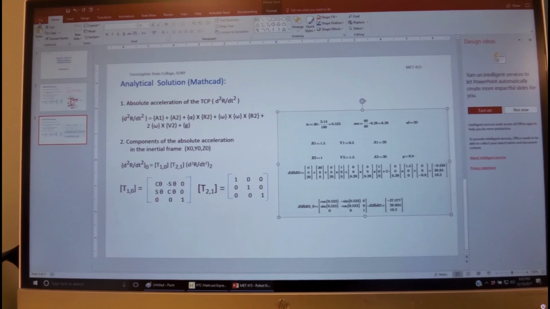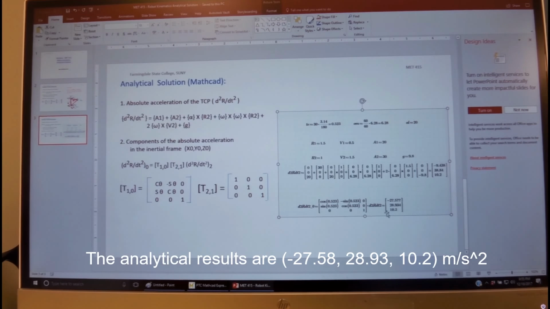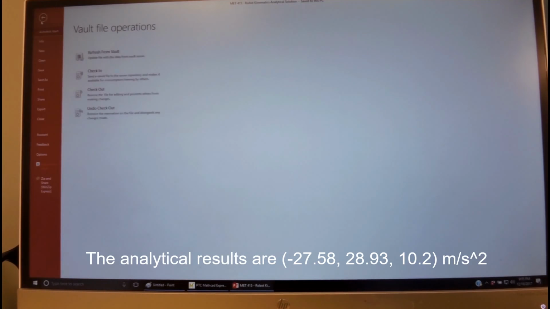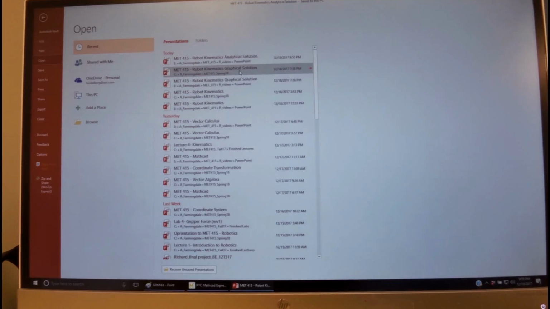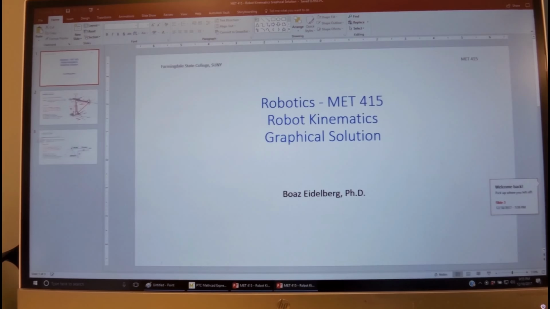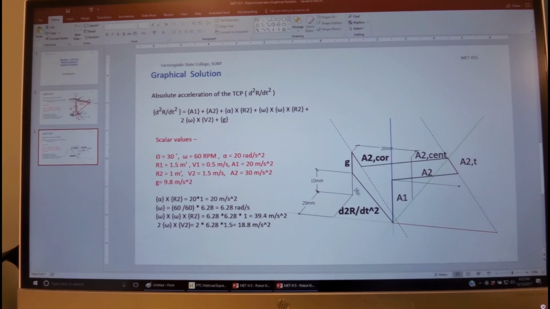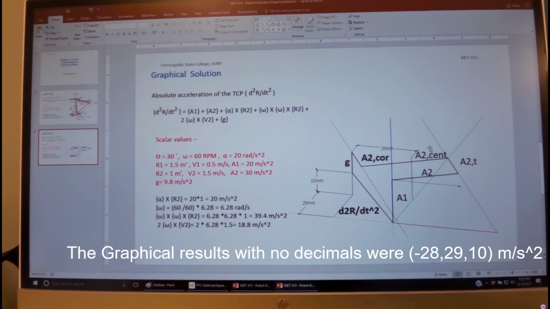And then let's see, it's minus 27, 28, and 10. And if we open and bring up the graphical solution, the result was 29, 28, and 10.